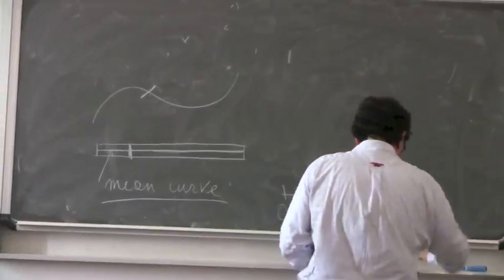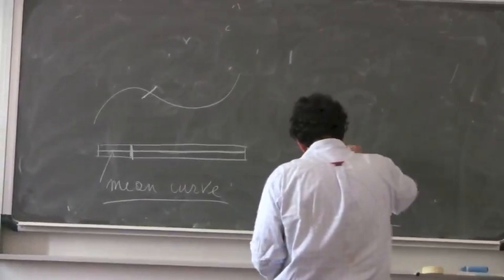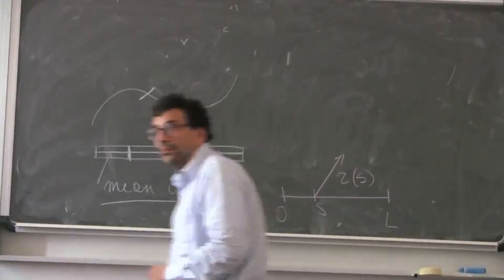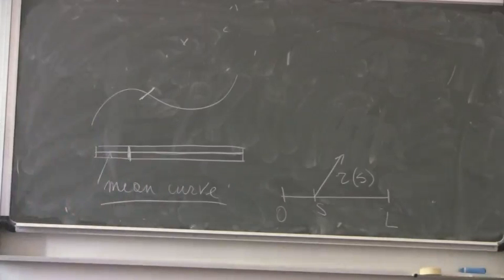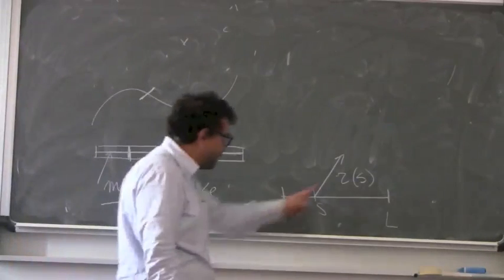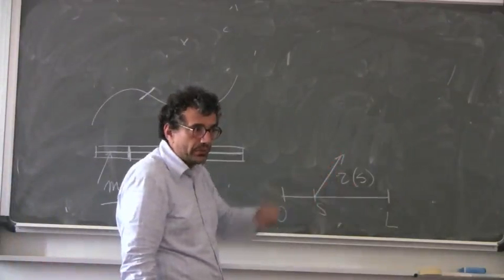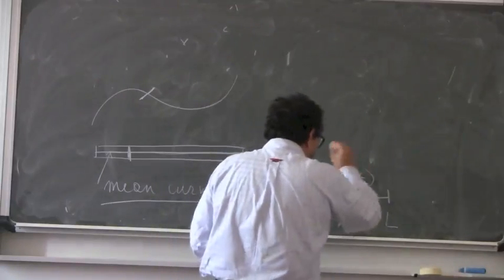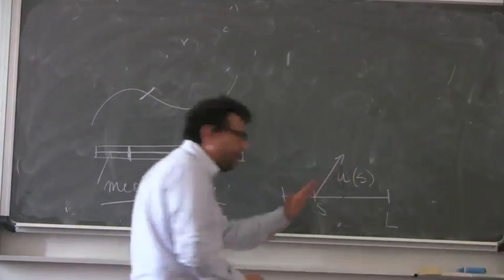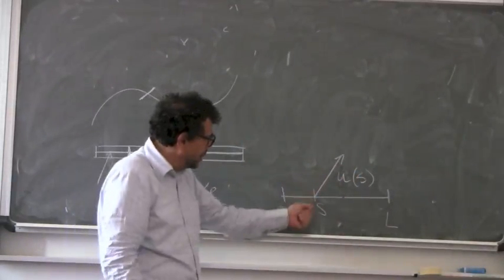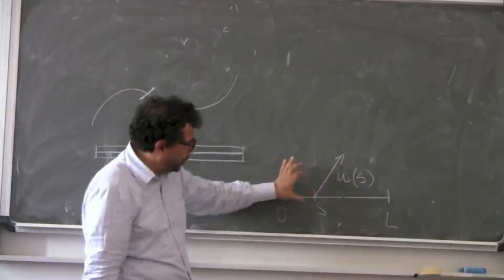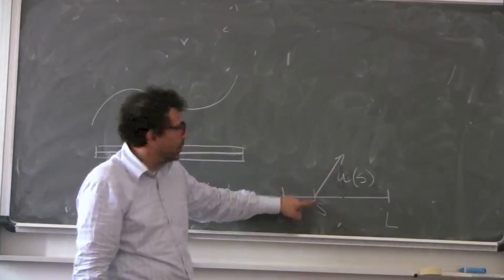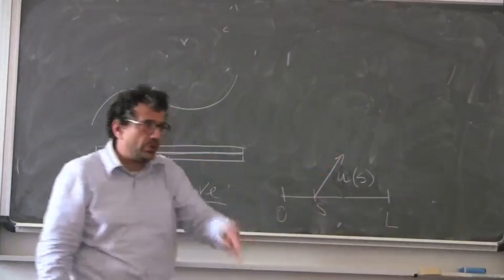Then I consider the vector R of S, which is the displacement U of S, R of S. U of S is the displacement which is transporting the centroid in the reference configuration to the centroid in the actual configuration.